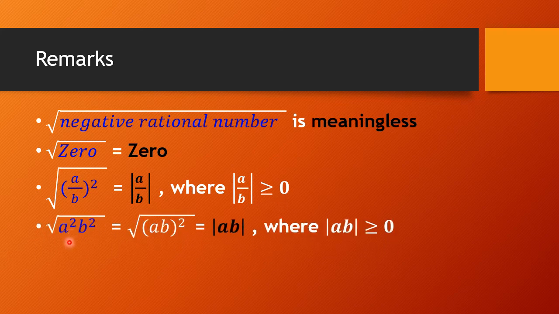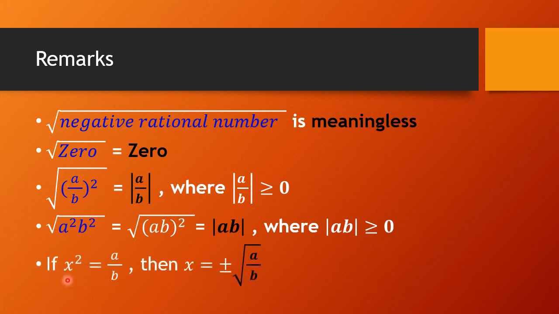Square root of a power 2 b power 2 equals square root of (ab) power 2 equals the absolute value of ab, where the absolute value of ab is greater than or equal to 0.